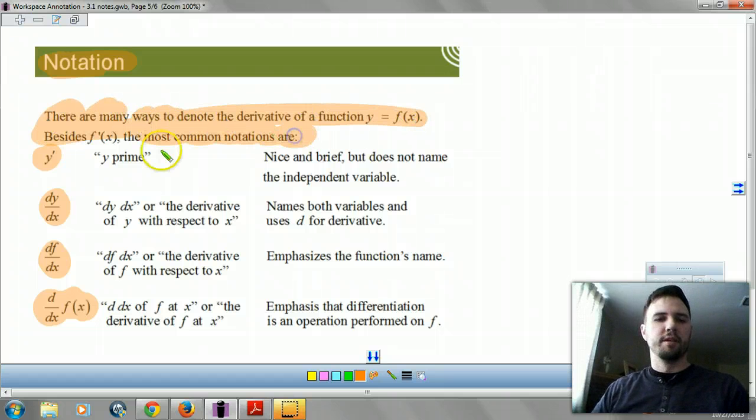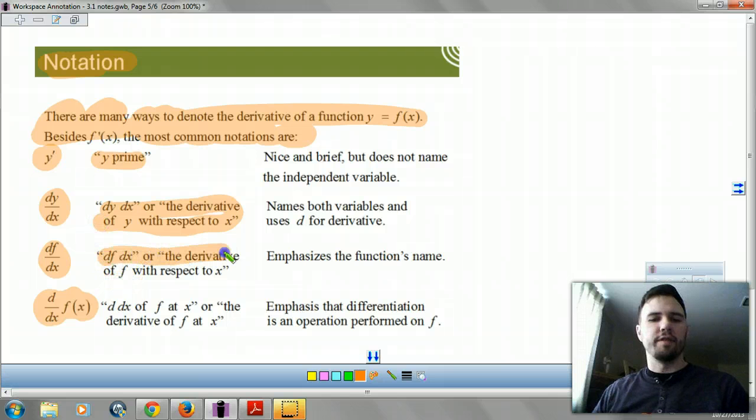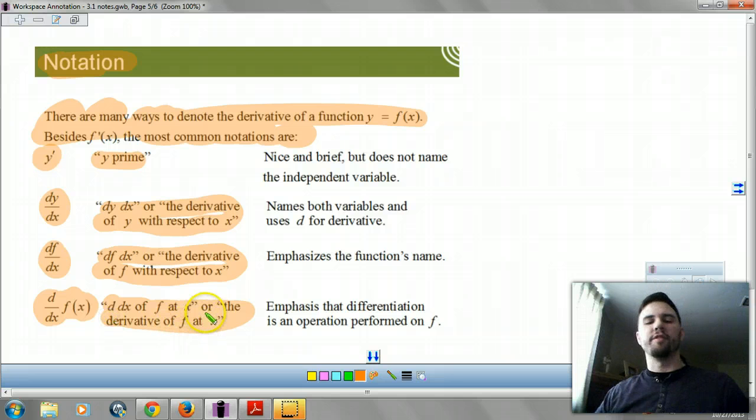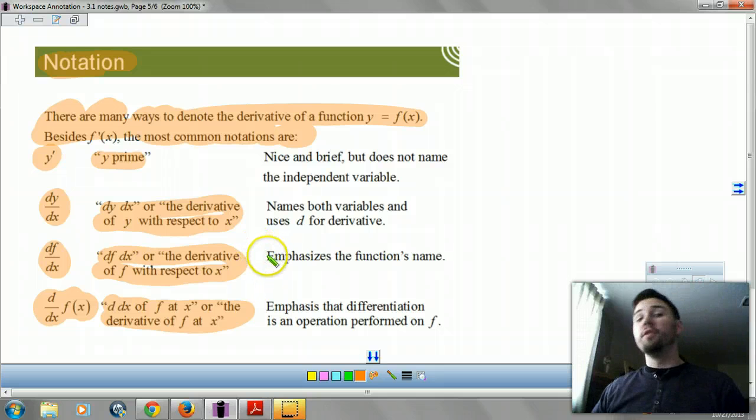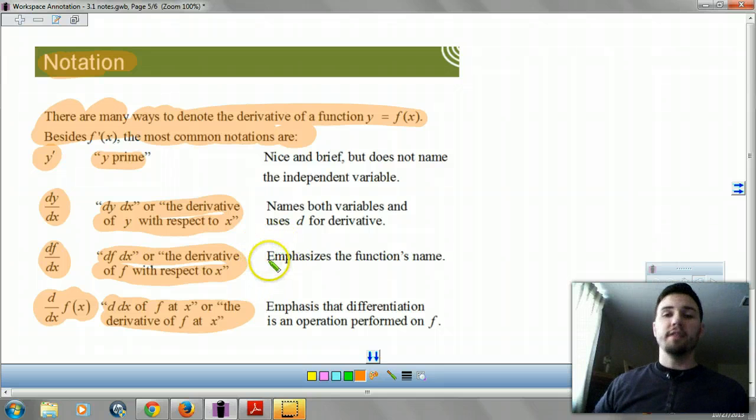These are the most common. Prime, the derivative of y with respect to x, derivative of the function with respect to x, and derivative dx of f, your function at x. The derivative of your function at x. I'm going to use all these so you get used to them, but they're all saying take the derivative. They all mean the same thing.